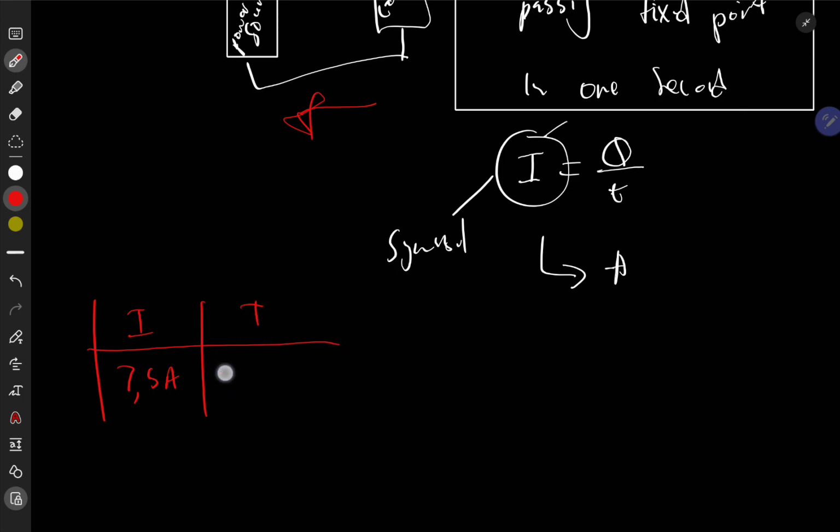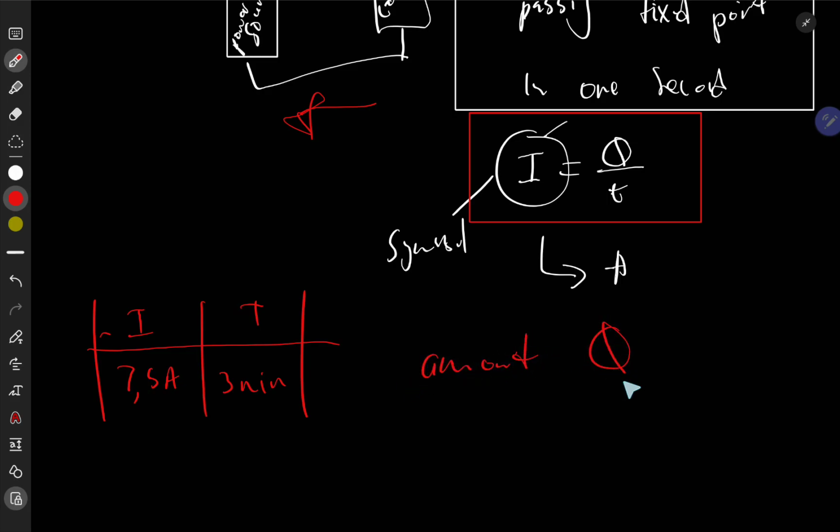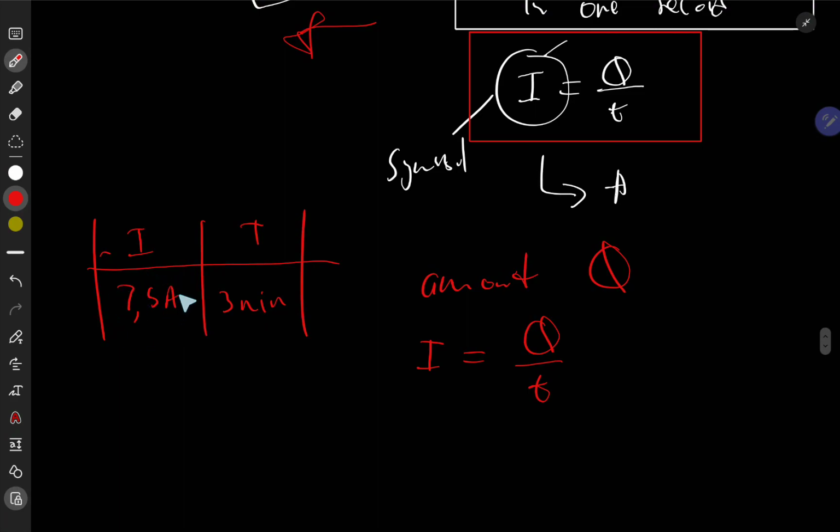You can see using this formula we have all the variables we need. This is time, this is current, so we can find the amount of charge. The question for you: find the amount of charge. You know that current equals charge over time. I gave you current to be 7.5, and Q is exactly what I'm asking you to solve, so Q just stays there.